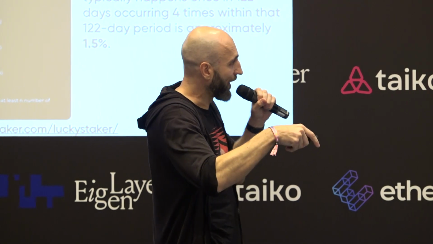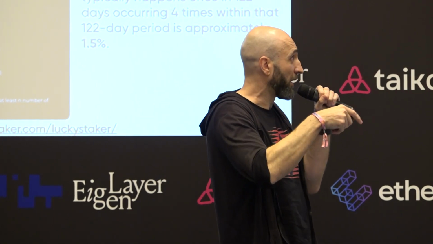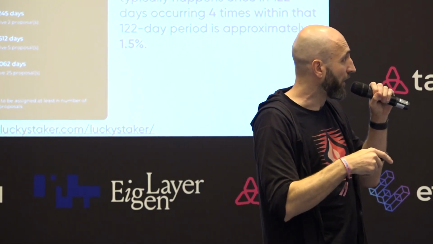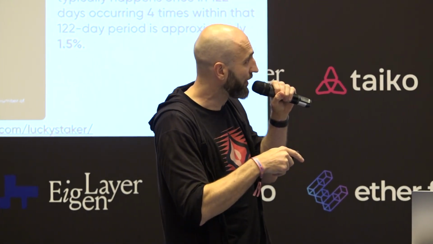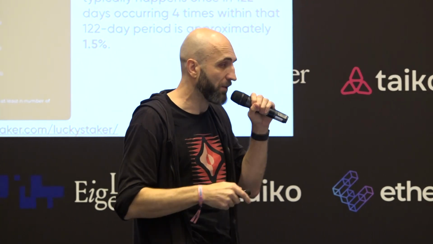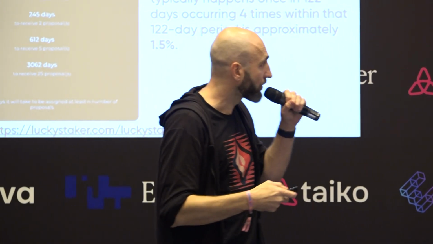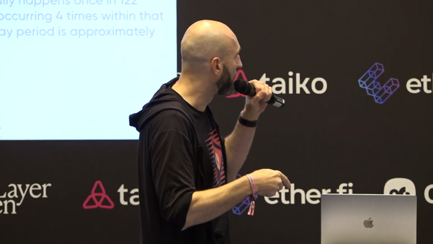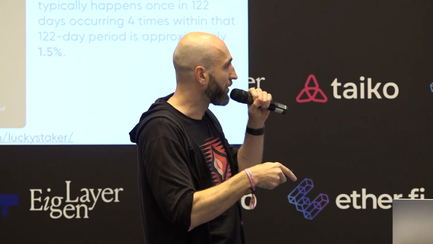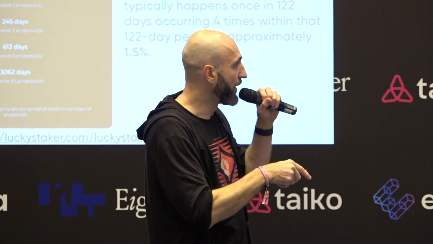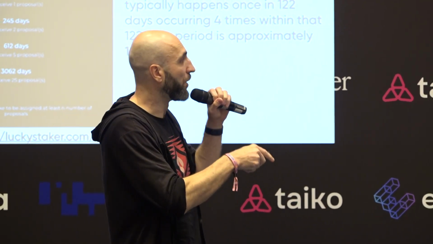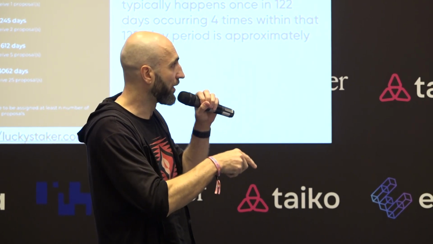There's a website, Lucky Staker, which gives the current probability of getting a block. So 0.82 is the probability of getting a block proposal today, and the average is 122 days to a proposal. The probability is going down because there are more and more validators.